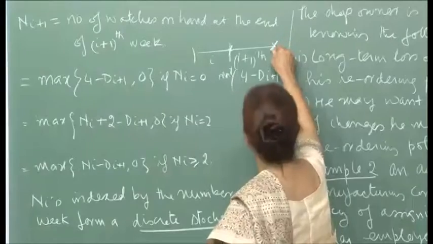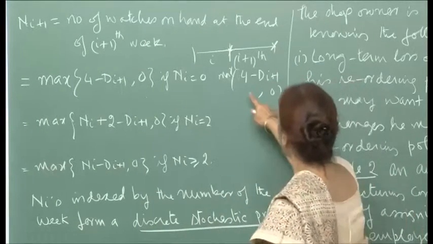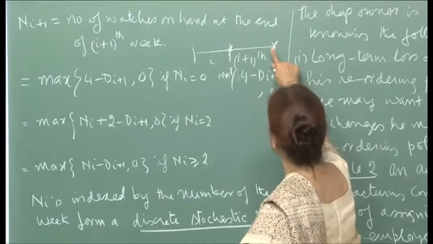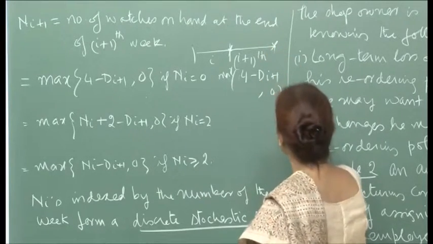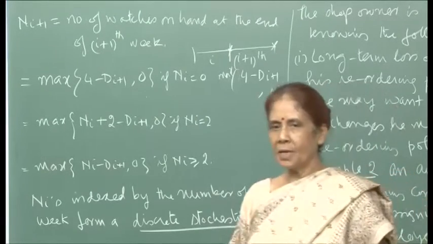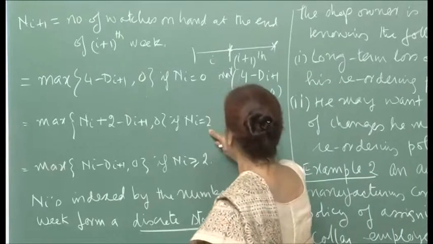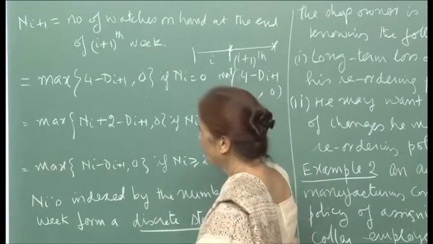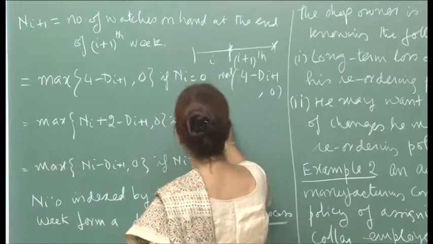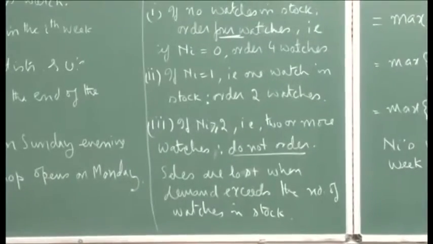So at this point, if you are able to meet the demand d_{i+1}, then whatever the difference, that will be the watches on hand at this point, otherwise it will be 0 if d_{i+1} is more than 4, right. Okay. So similarly, if N_i is 1, then he orders 2 watches.